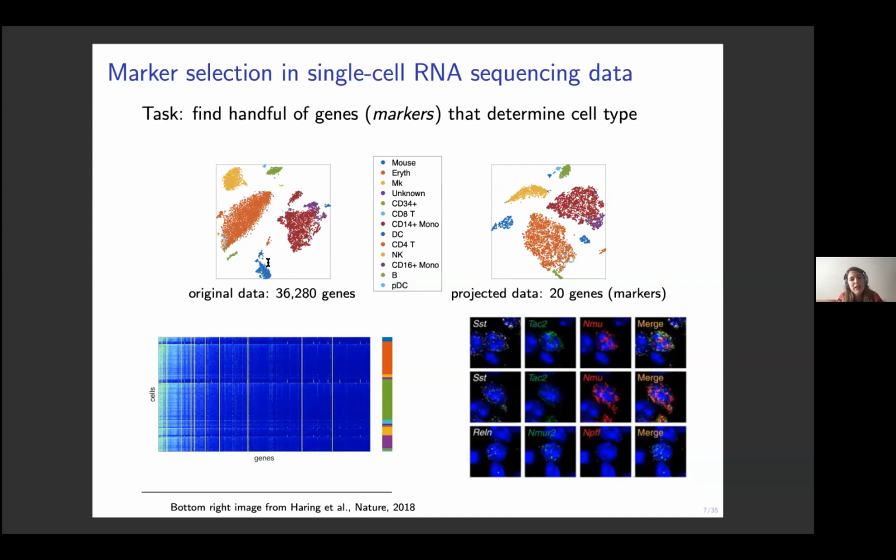The reason why this is an important problem in computational biology, well, there are many reasons, but one of them is the fact that the sequencing of these cells is a biochemical procedure that destroys the cell. And also it is very expensive.